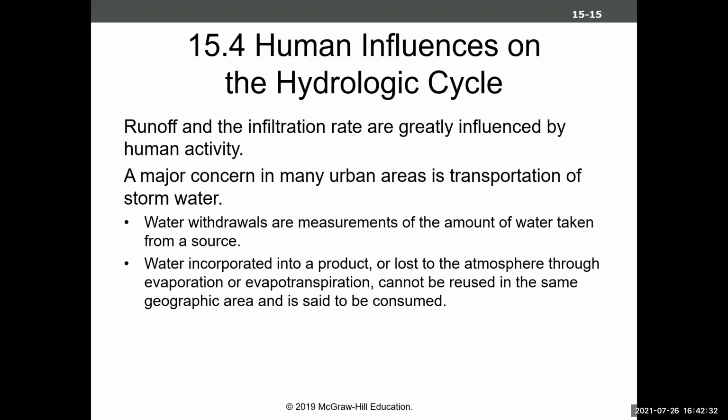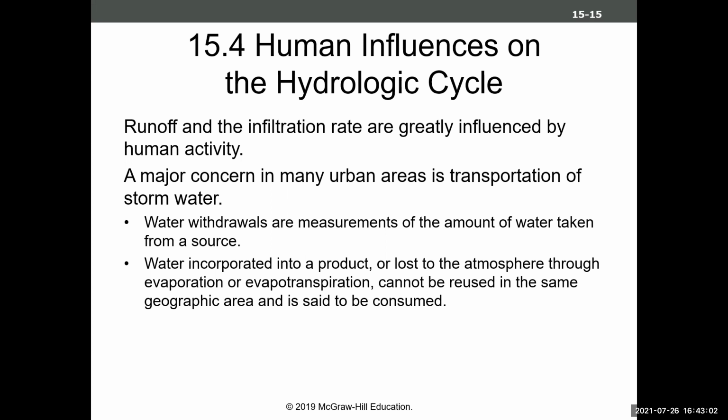Runoff and infiltration are the two processes that are generally really influenced by human activity. You think of the amount of impervious surface that we put on the landscape in the form of roads, highways, buildings, concrete, parking lots, parking decks. All of that surface area cannot allow water to infiltrate into the soil.